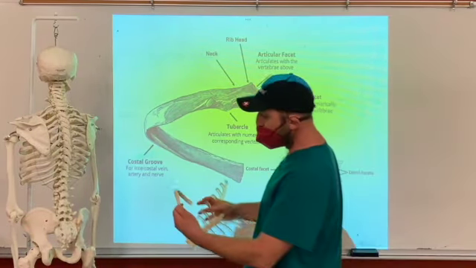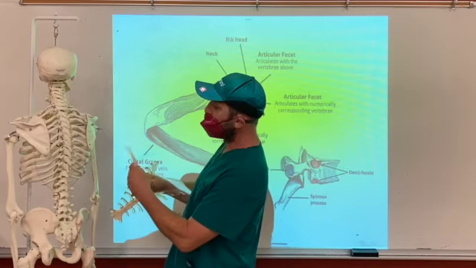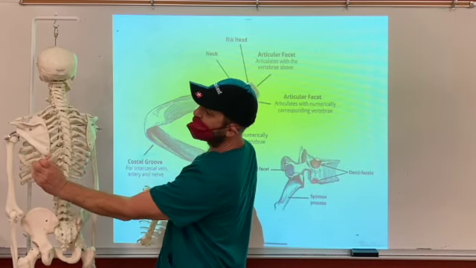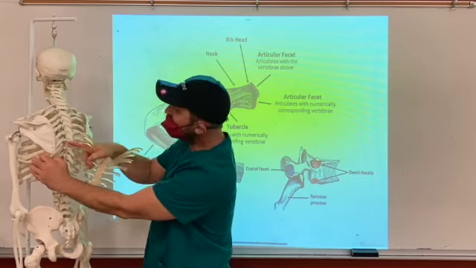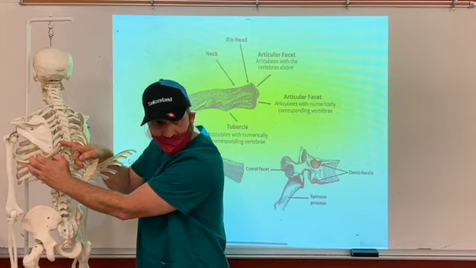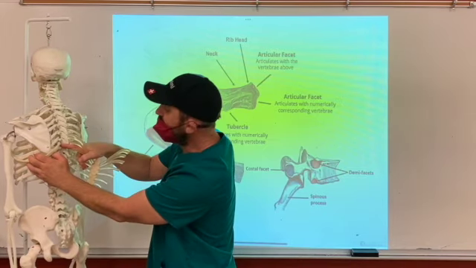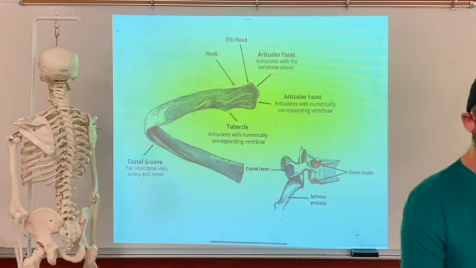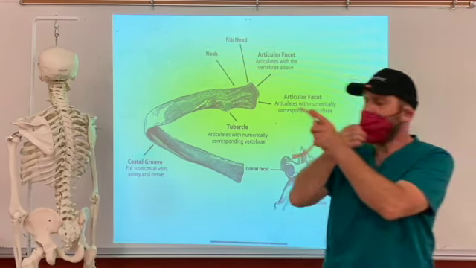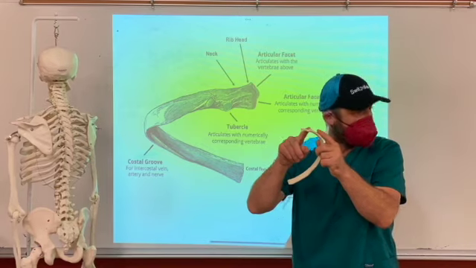The ribs go from the front to the back. And then at the back, they attach to the vertebrae. They attach to the transverse process of the vertebra and the body of the vertebra. And so they've got a few bumps. Bumps are muscle attachments or joint-making things.